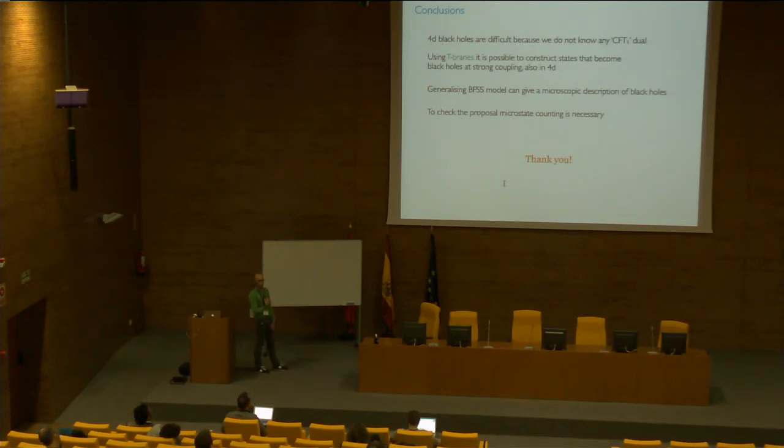So there has been some activity in the literature recently. What we would like to propose, at least, is that using T-branes, you can build some states that would be the microscopic description of black hole microstates in 4D.